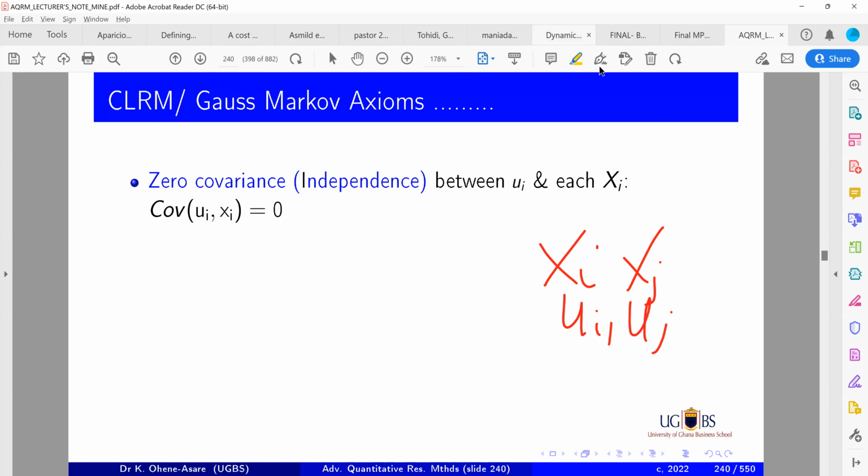The other ones are a little bit tricky as we move further. They're not that simple like the one we just looked at. The first one, which is still a continuation of the classical linear regression model, the assumptions of the Gauss-Markov model.